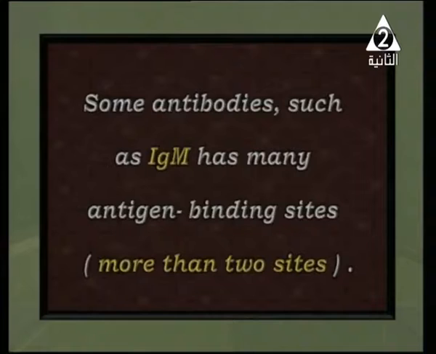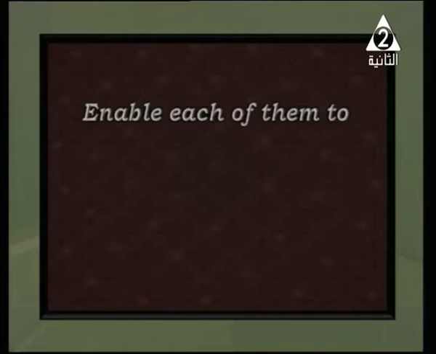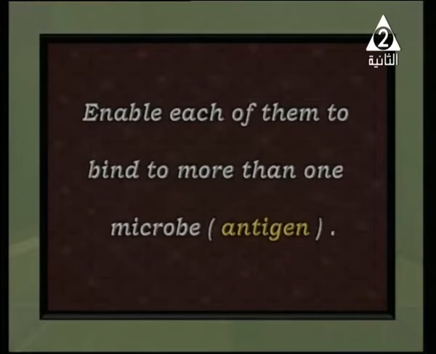Some antibodies, such as immunoglobulin M or IgM, have more than 2 binding sites, which gives IgM the ability to bind to more than one microbe or more than one antigen.